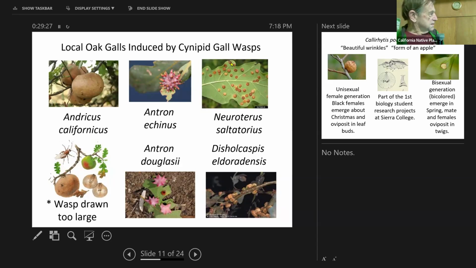Each particular species has its own distinctive pattern when they come out. Neuroterus saltatorius is a tiny little thing. You've probably heard of Mexican jumping beans. Well, it turns out that the saltation is jumping. Neuroterus saltatorius galls fall on the leaves in the summertime.